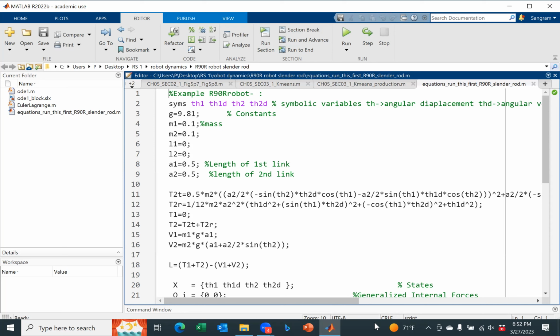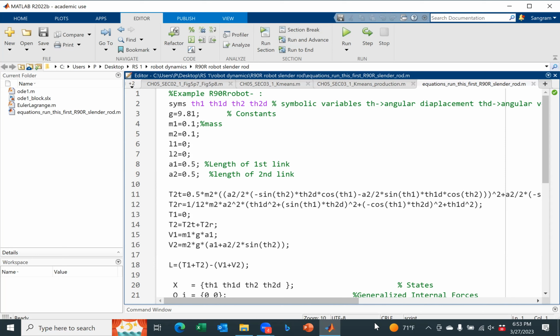The next point is, I want to find out the moments of inertia. So if you look at this link, let me write this down here, the coordinate frame. This is Z, X, Y. Now please try to understand.